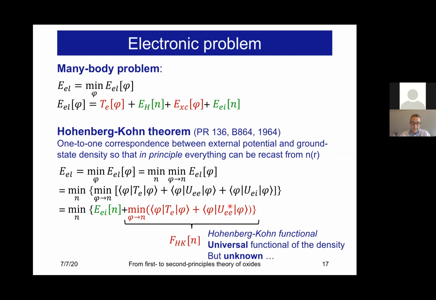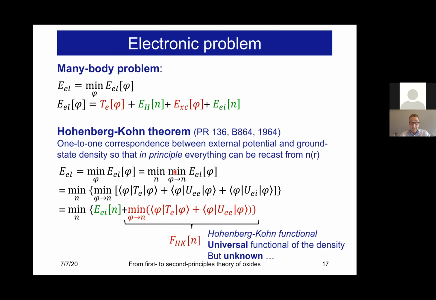And I have recast it here in terms of the minimization principle, where you see that in principle, what I need to do is just to make a minimization of the energy functional here in terms of all the many-body wave functions. But I can do this minimization in two steps. I can say I will minimize over all possible densities, and then for each of these densities, I will minimize over all possible wave functions that are giving me this density.